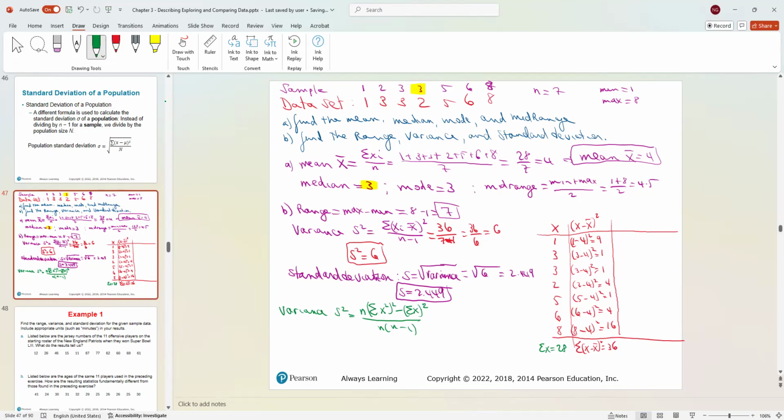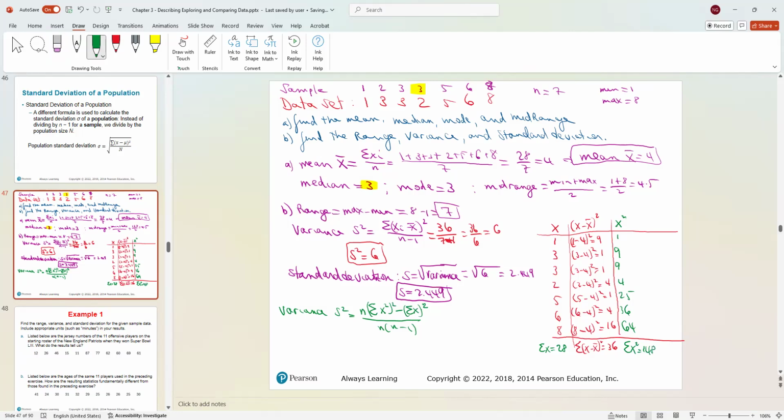We have the sum of x, which we can square, but we also need x squared. 1 to the power 2 is 1, 3 squared is 9, 3 squared is 9, 2 squared is 4, 5 squared is 25, 6 times 6 is 36, and 8 squared is 64. Adding these numbers, the sum of x squared gives you 148.